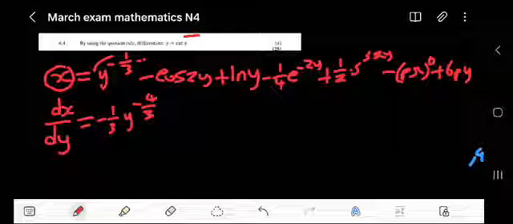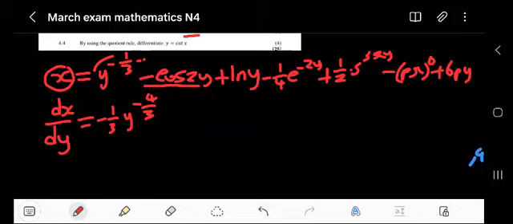So you come to this one, you have a negative. You differentiate cos. When you differentiate cos, it will be a negative sign, but you already have a negative. So now it will be positive sine 2y.